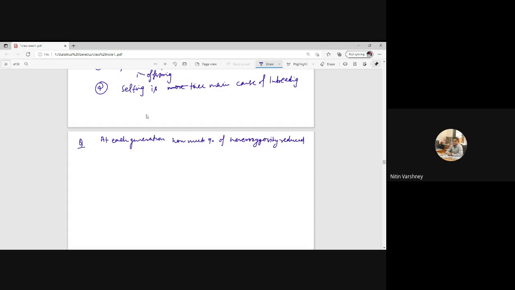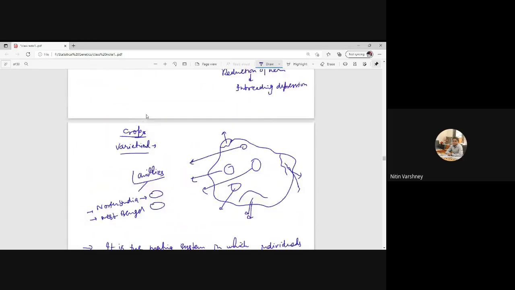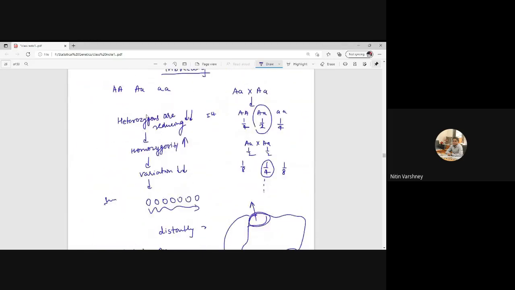I had just explained in the example that in the first generation the heterozygous was 1 by 2, in the next 1 by 4, in the next it will be 1 by 8. So how much is it reducing? Speak up, how much percent is reducing?